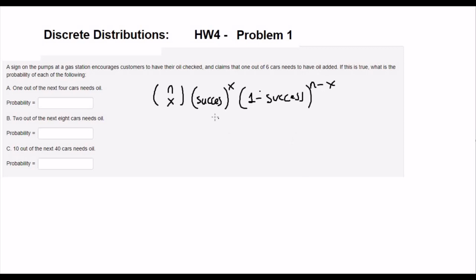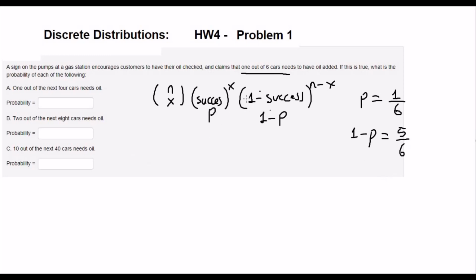Here 1 minus p is the complement of the probability. In our case, our probability is 1 out of 6 cars, so p is 1/6, and 1 minus p is 5 out of 6.